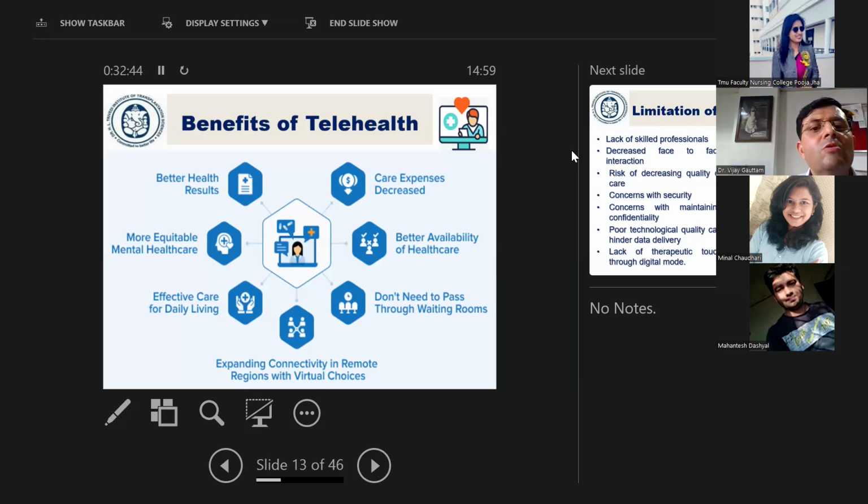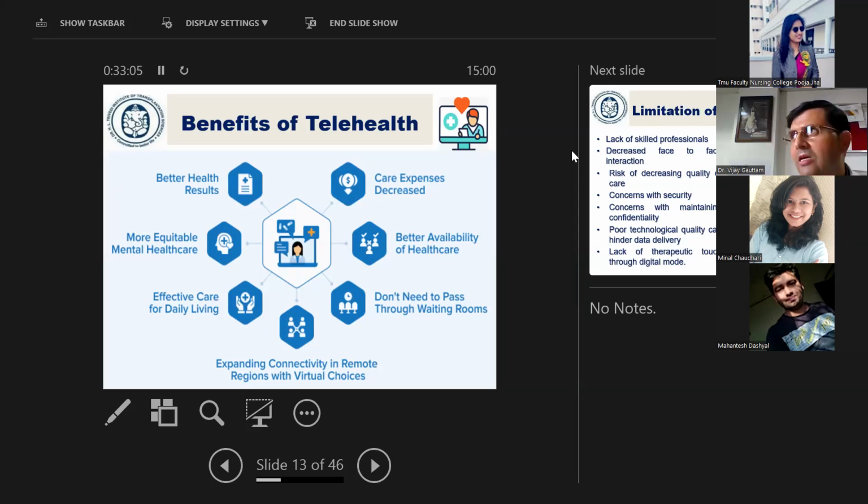They do not have to pass through waiting rooms like patients coming to hospitals. In the OPD itself, we can see long queues. Patients wait to see particular physicians. In those situations, telehealth can help, with direct contact with physicians or healthcare workers.